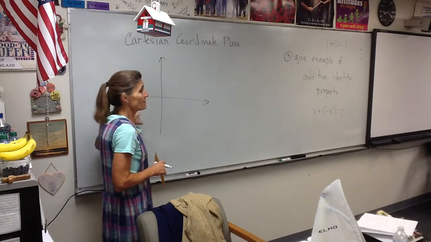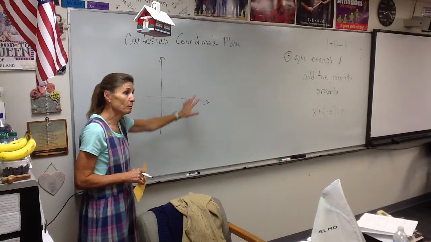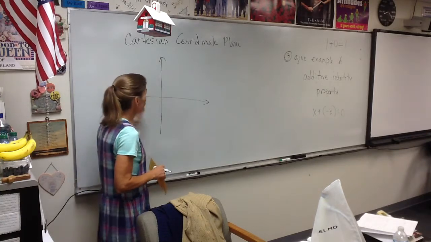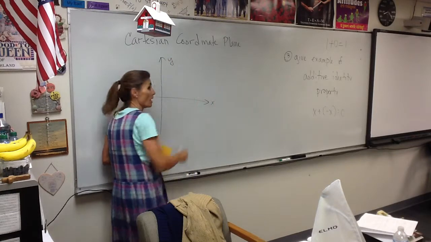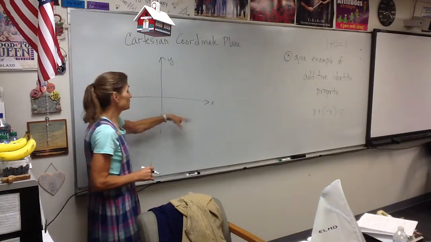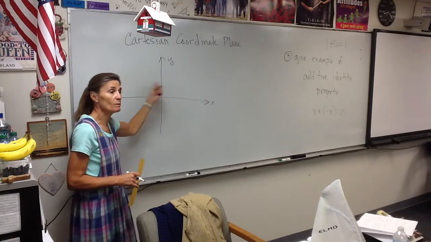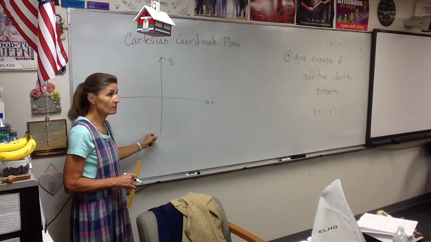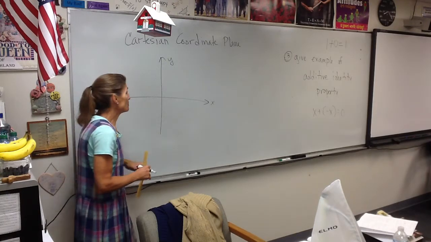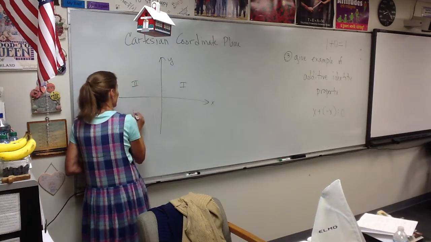These 4 pieces of the plane, like the blackboard would be the plane, when you put the 2 axes on there, and this of course is the x-axis and this is the y-axis, right? When you put them on there, it divides the plane up into 4 pieces. What do we call those 4 pieces? Quadrants, right? And the quadrants are numbered like this.